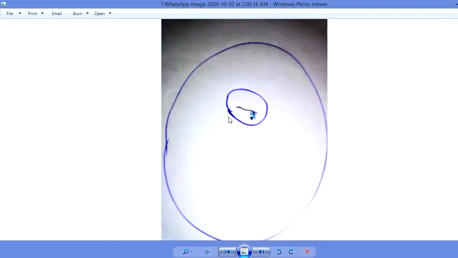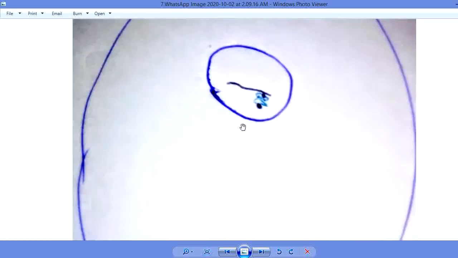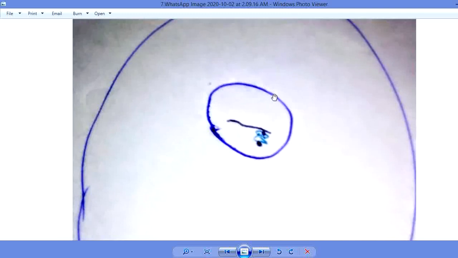What will it do? It will combine with a fragment of DNA. In this diagram, we can see that this is the nuclear membrane. This is the nucleus, and in the nucleus this is a DNA strand.